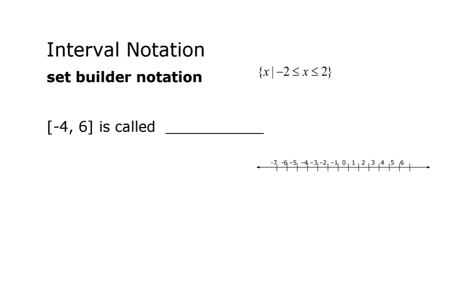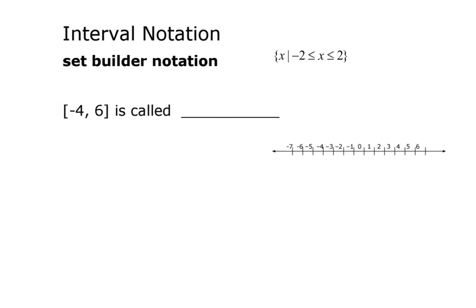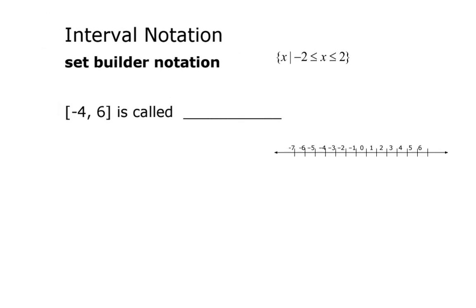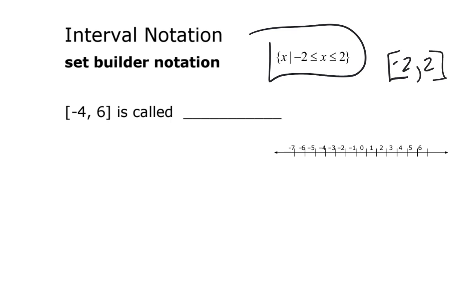So remember, when we're seeing the old way of writing things, we're looking at something written as x is between -2 and 2. Remember, we would write that in interval notation as square brackets from -2 up to +2, square brackets once again.